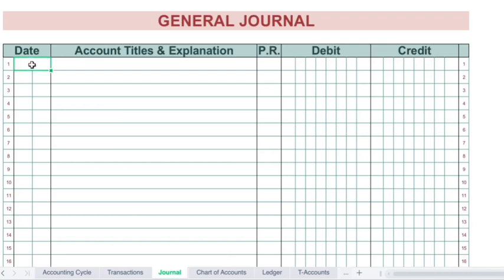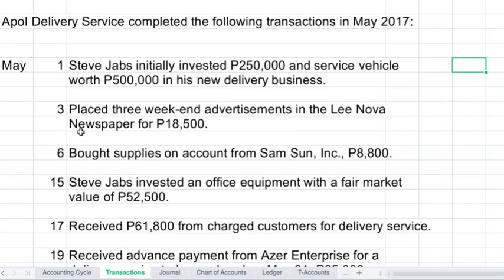So we'll put here May. The transactions transpired in the month of May. All right. So let's see the first transaction. On May 1, Steve Jobs initially invested $250,000 and a service vehicle worth $500,000 in his new delivery business.